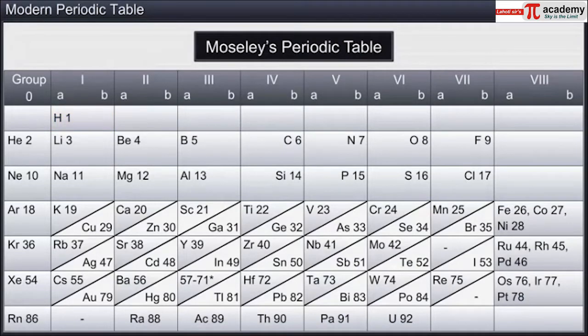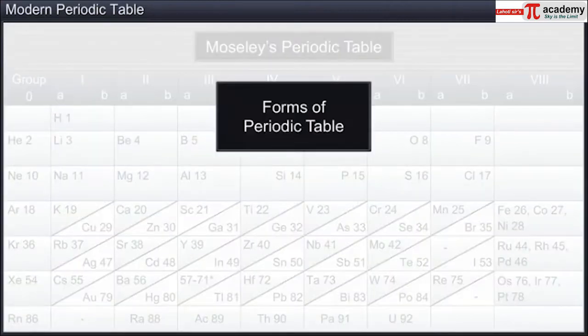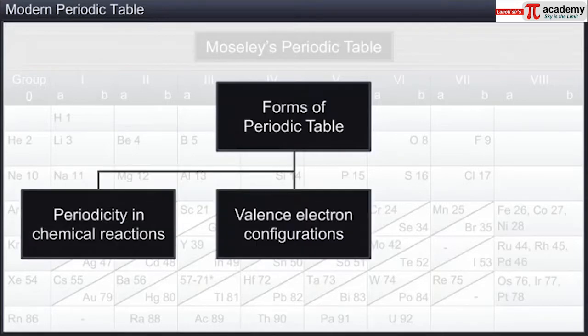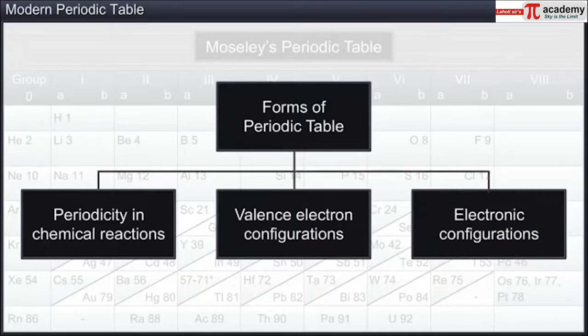After Moseley modified the periodic law, several scientists drafted various forms of periodic tables that focused on factors such as chemical reactions, valence, and electronic configurations of elements.